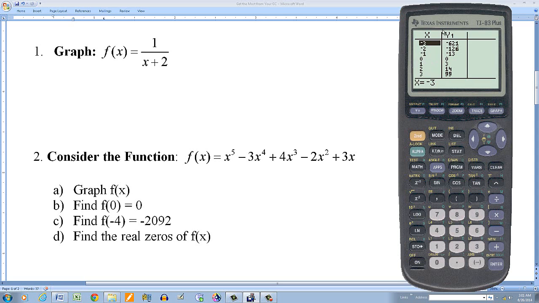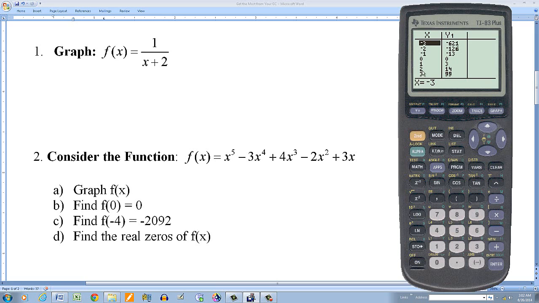Wherever the y value is 0, the x value corresponding to that is going to be a zero. So if this had been, say, 1, 0, then that would tell me that the graph crosses the x-axis at 1, 0. So 1 would be a zero.